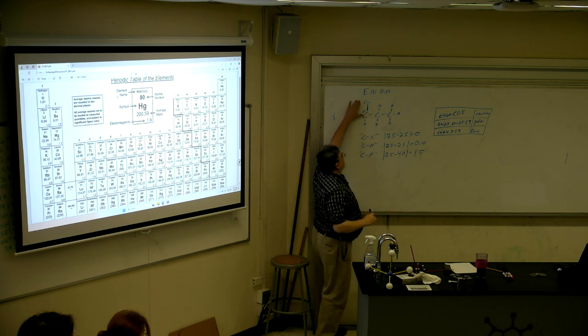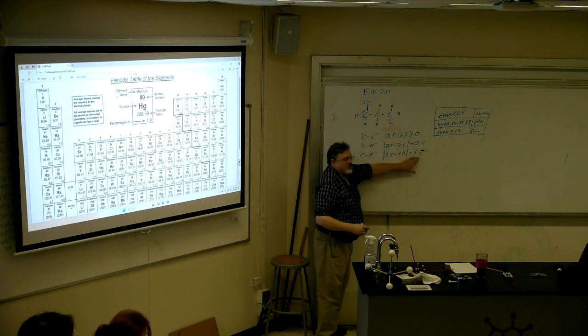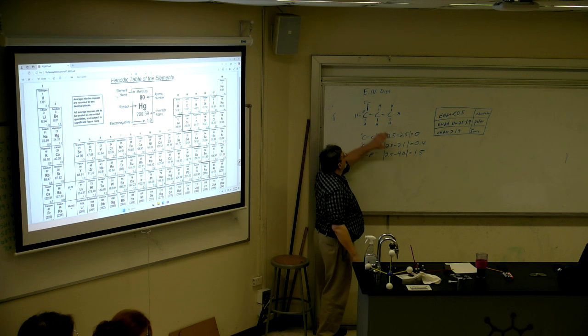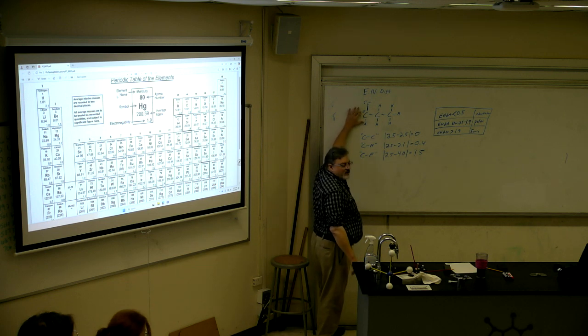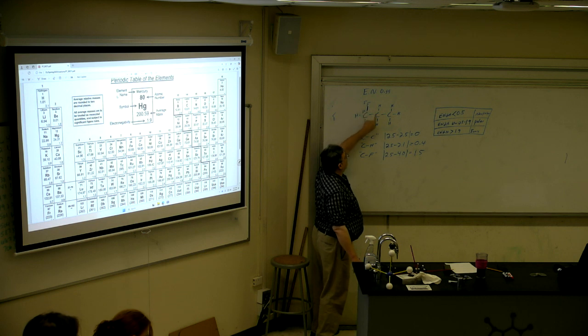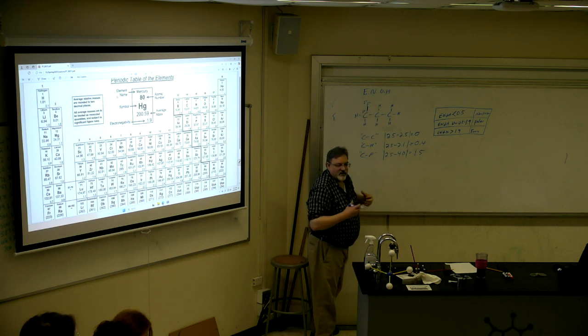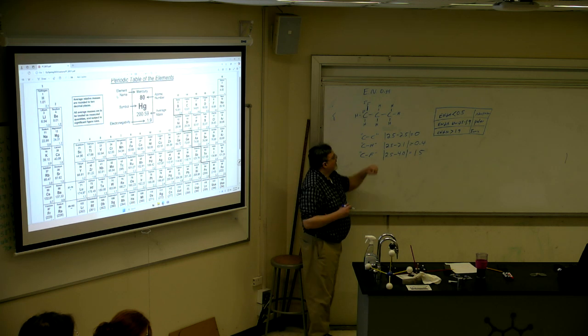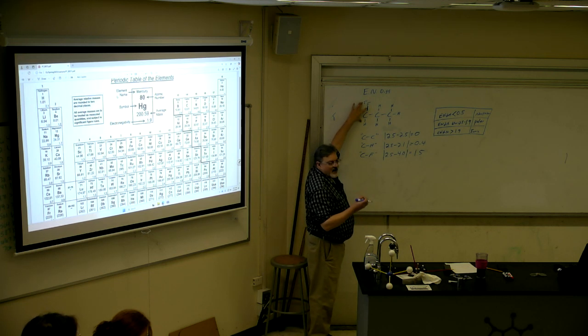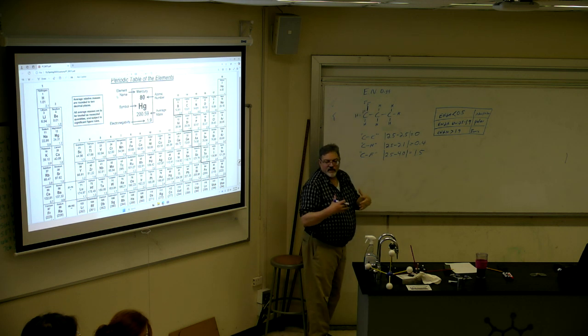It's slightly negative here, actually pretty strongly negative because this is 1.5. It's slightly positive here on the carbon. So this slight negative is on the fluorine, and the slight positive is on the carbon. Meaning fluorine has a really strong ability to pull the electrons towards itself. The electrons in this bond, there's a pair of electrons here. Fluorine's kind of winning the tug of war. It's pulling those electrons towards itself.